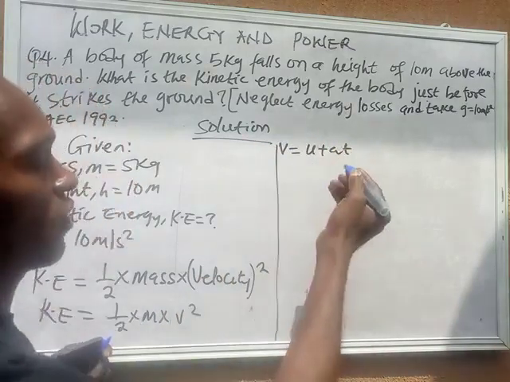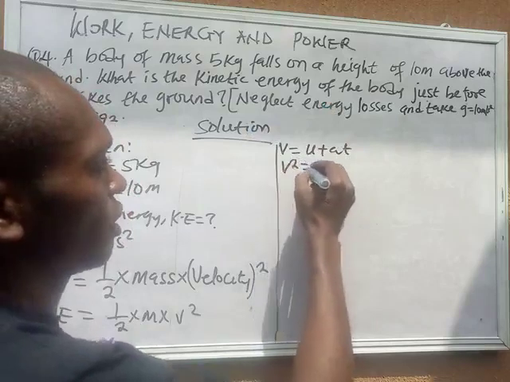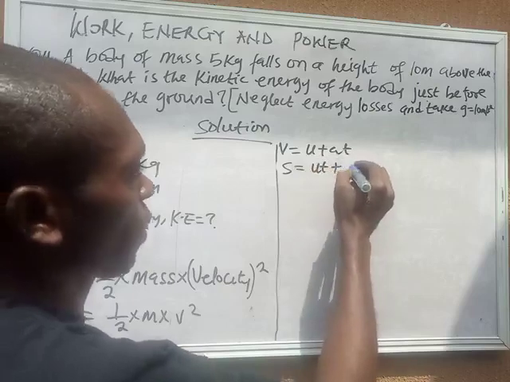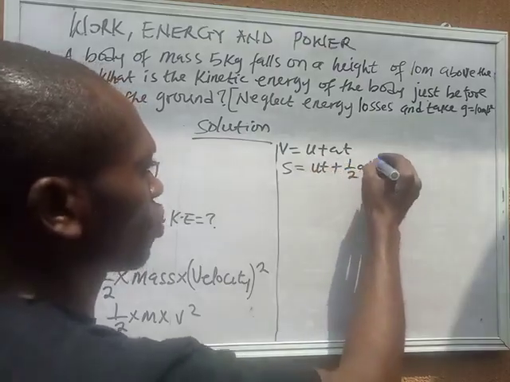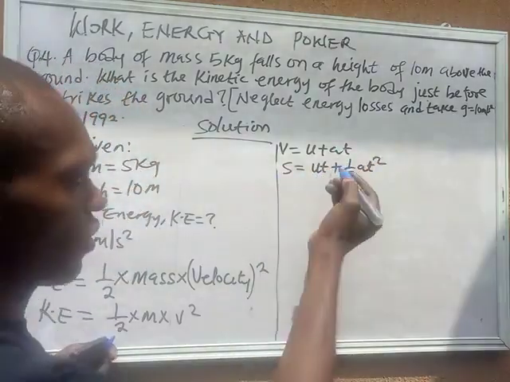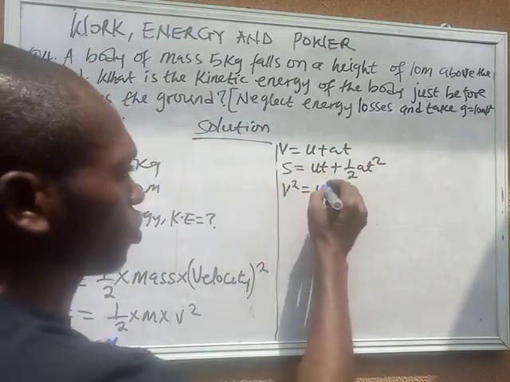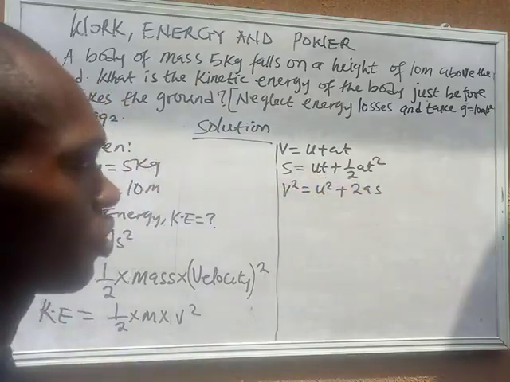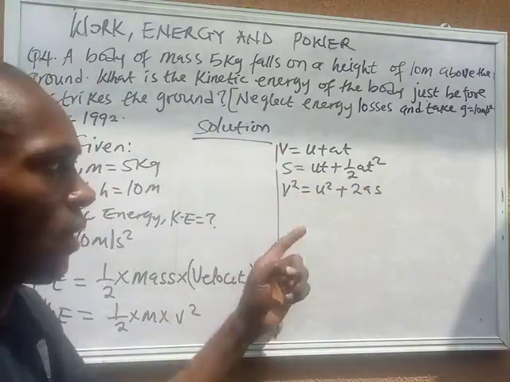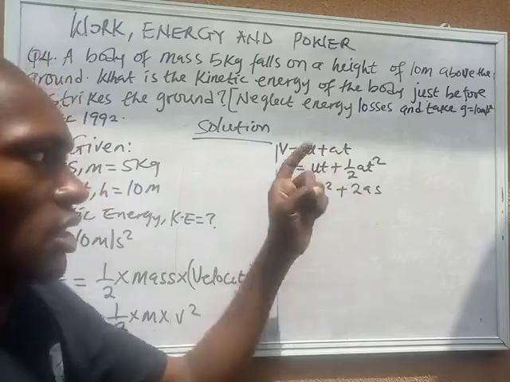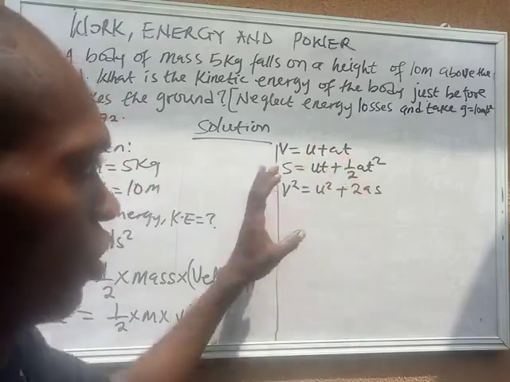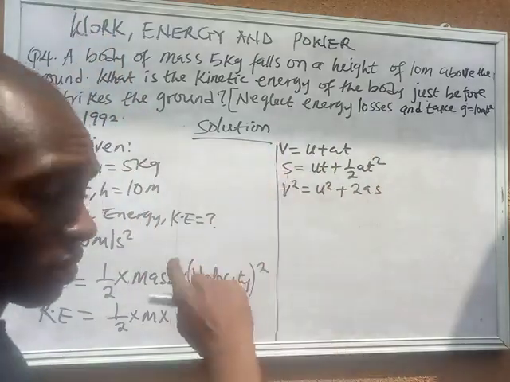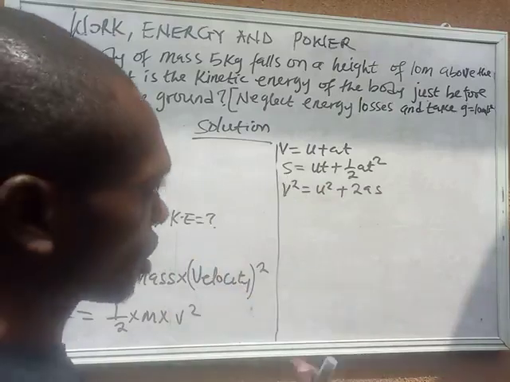We also have s equals ut plus 1/2 at squared. We also have another one that says that v squared equals u squared plus 2as. Here v is the final velocity, u is the initial velocity, a is acceleration, t is our time, and s stands for distance.